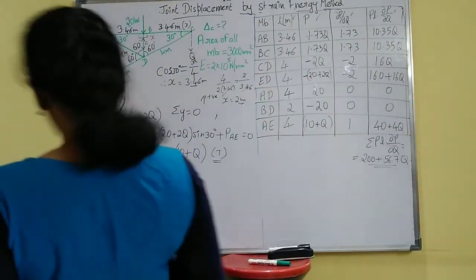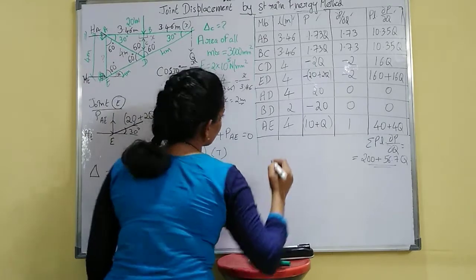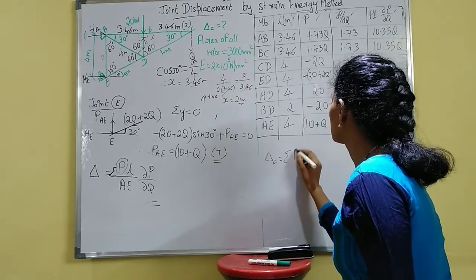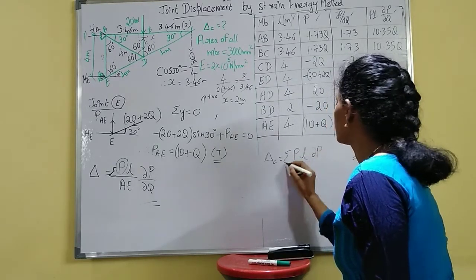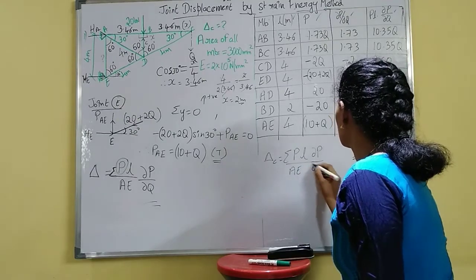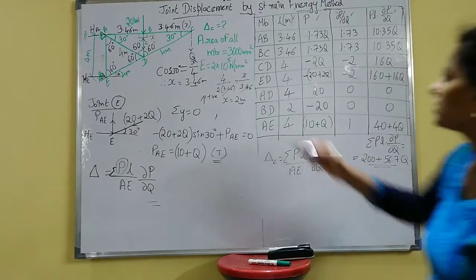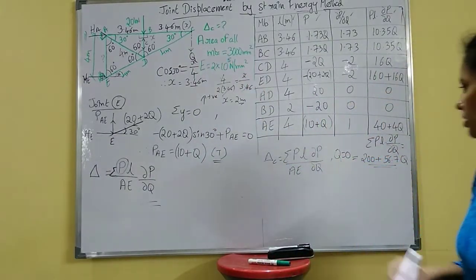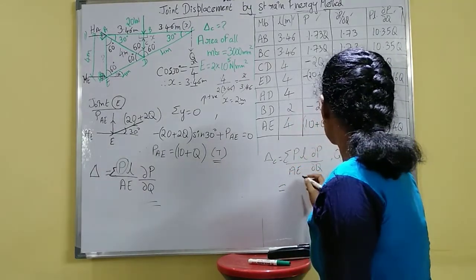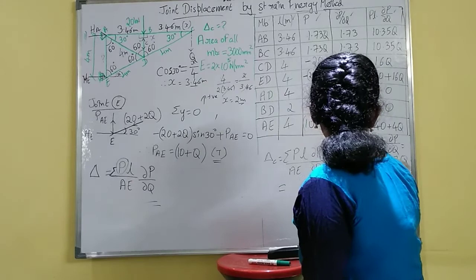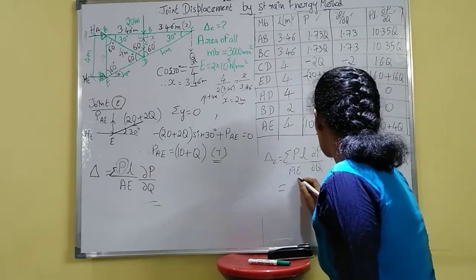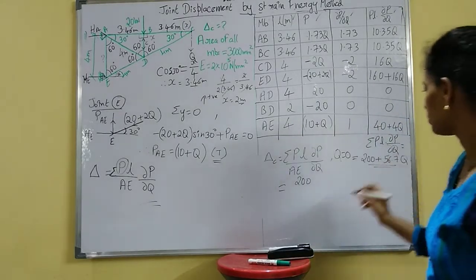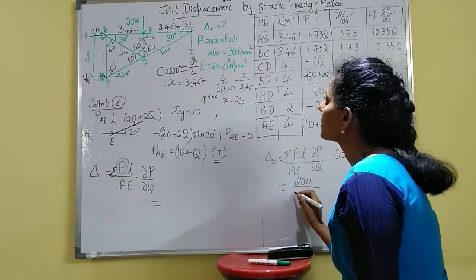Okay. Next, you will have this final delta C. Delta C formula is summation PL dou P by AE into dou P by dou Q. Okay. And here Q value, there is no given Q value. So Q is equal to 0. Okay. So AE is given in the problem. So this value, just put Q is equal to 0, you will have 200 plus 56.7 into 0, so you will have just 200 divided by AE.